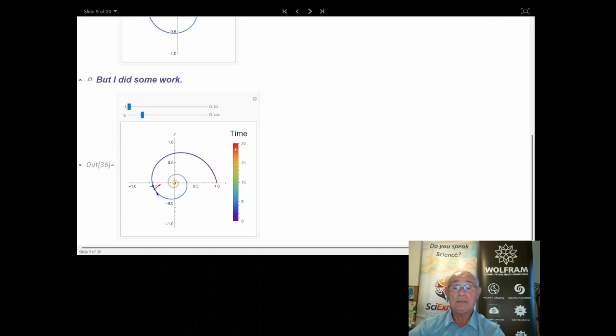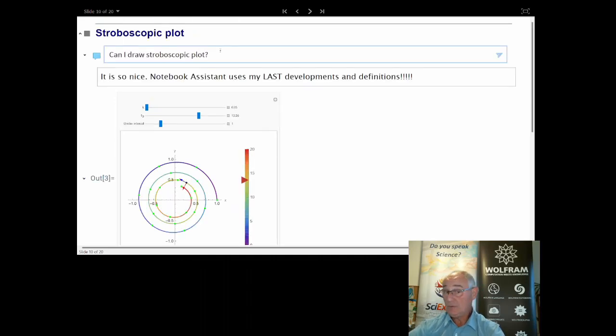Here in this plot I didn't use the vertical gauge to show the graphical change of the time. How can I draw a stroboscopic plot? That was my question to the Notebook Assistant. It's so nice. It's perfect.